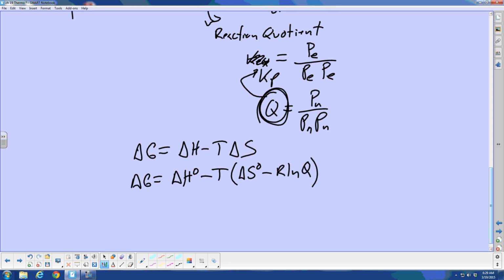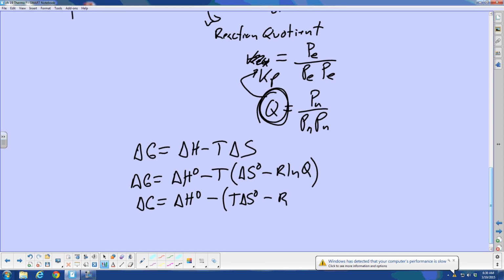Okay, so this is a wonderful equation. This will work all the time. But you can simplify this a little bit. Let's go ahead and multiply through with my T. So my delta G is equal to delta H prime minus T delta S prime minus RT natural log of Q, right?